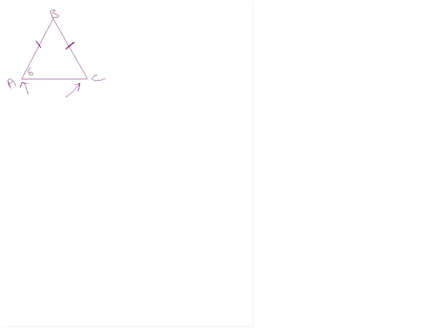We could say this is 50 degrees and this is 50 degrees, and then that would leave a grand total of 80 degrees for angle B. Now, what's interesting is you have two equal angles of 50 and 50, and you can see their corresponding sides are equal.